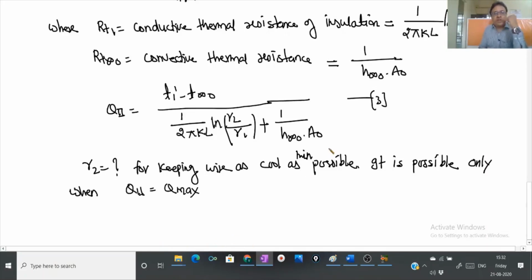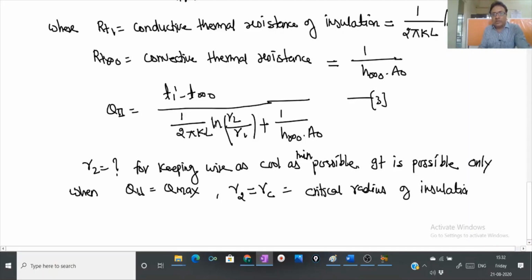And the heat transfer rate will be maximum when the radius of insulation is equal to the critical radius of insulation. So we have to provide the outer radius of insulation in such a way that it is equal to the critical radius of insulation.